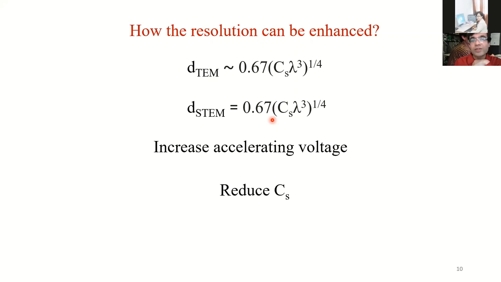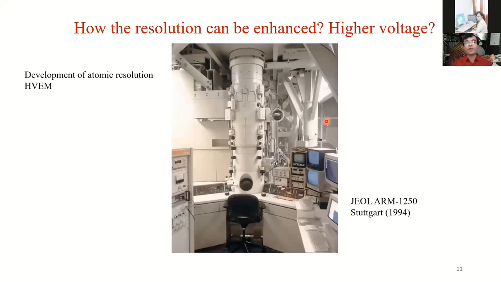So one way is to decrease the wavelength by increasing the accelerating voltage, and the other way is to reduce the spherical aberration coefficient. So Cs is basically the third order spherical aberration coefficient. In the 80s and 90s, this is the instrument.